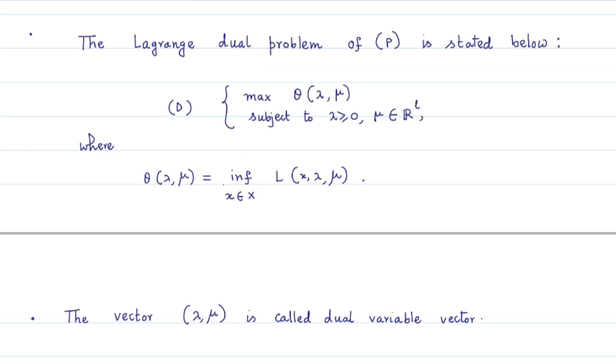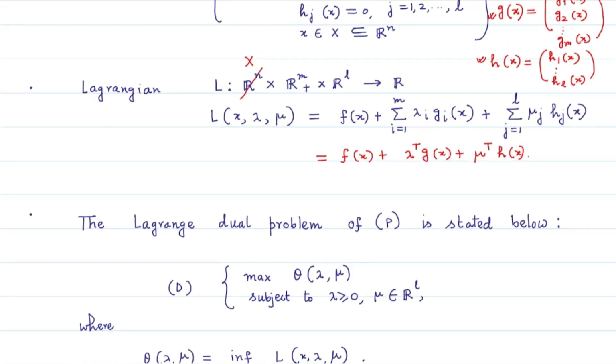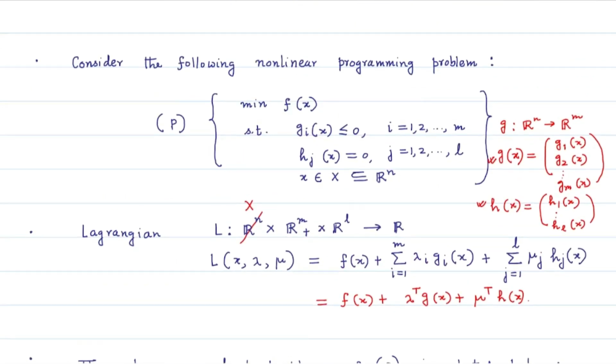Now here we notice that while defining this objective function of the dual problem, we have taken the infimum of the Lagrangian function over the set capital X. And you notice that this set capital X in the primal problem is a general subset of R^n. Commonly in capital X, we keep restrictions like the bounds of the variables.